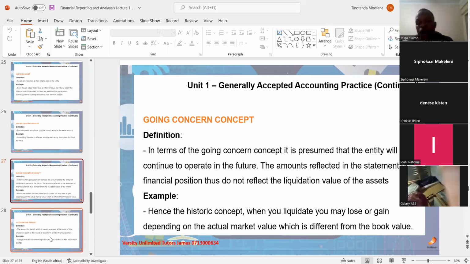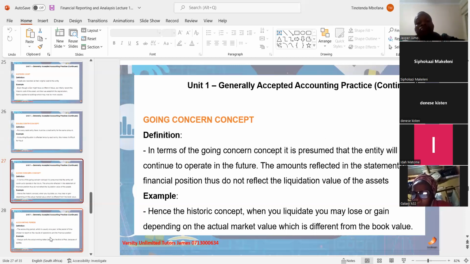And this is the reason why we use the historic cost when we are doing our assets. Because if we are assuming that this company is going to close next year, then there's no point in saying the building is worth 300,000 when it is not worth 300,000. We have to revalue it, right? So because we are assuming going concern, we use the historic cost concept.